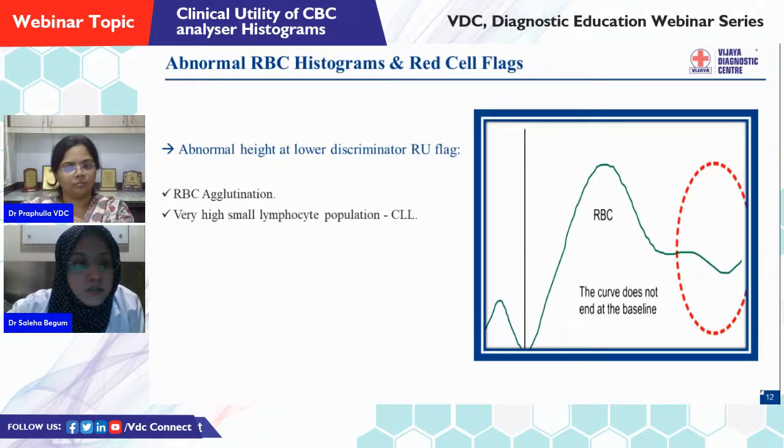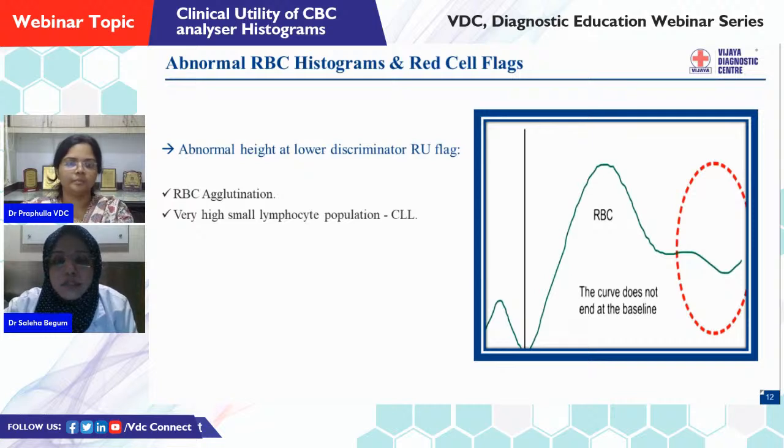And in case of very high lymphocyte population such as CLL, usually lymphocytes do not interfere with the RBC graph, because they are present in statistically insignificant number. When this number becomes high, such as in leukemia, the count goes in lakhs.